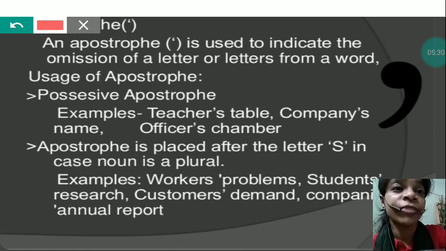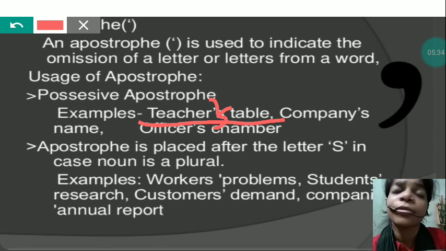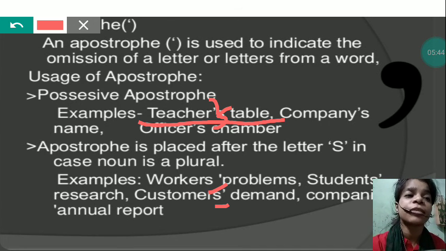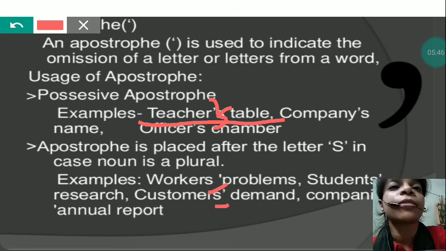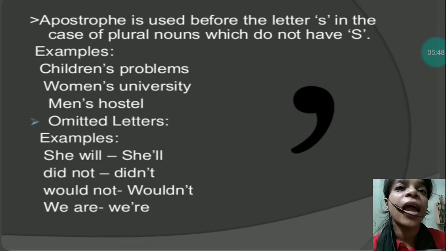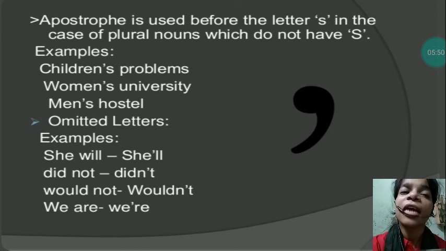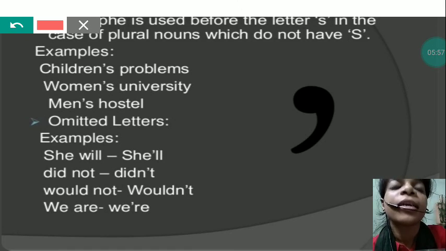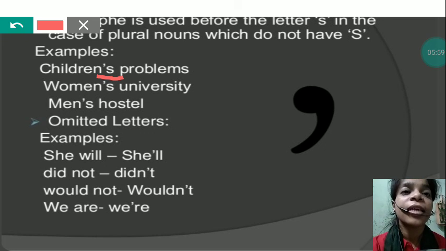Earlier we wrote teacher's table, teacher, then apostrophe s. But if the noun is plural ending with s, then we write the apostrophe after s: workers' problem, students' research, customers' demand, like this. And if the noun is plural but does not end in s, then we follow the normal rule, that is, putting apostrophe s.